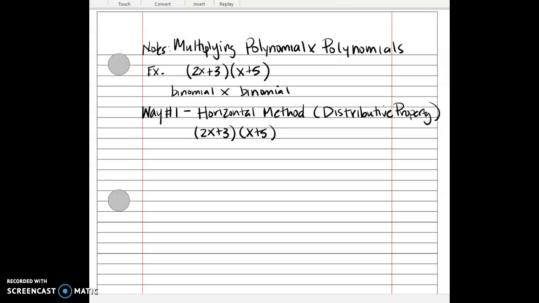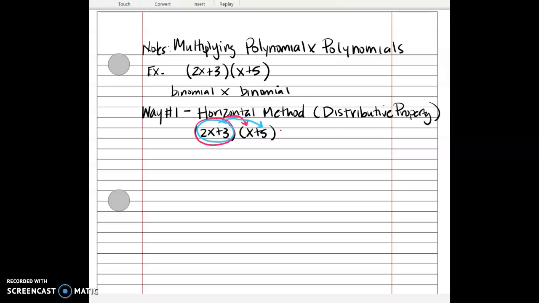So what's going to happen here: we need to take this whole number outside of the parentheses, and we need to multiply it by every term in the second one. So this 2x plus 3 gets multiplied by the x, and this 2x plus 3 gets multiplied by the 5. So we need to rewrite this problem after we do our multiplication.